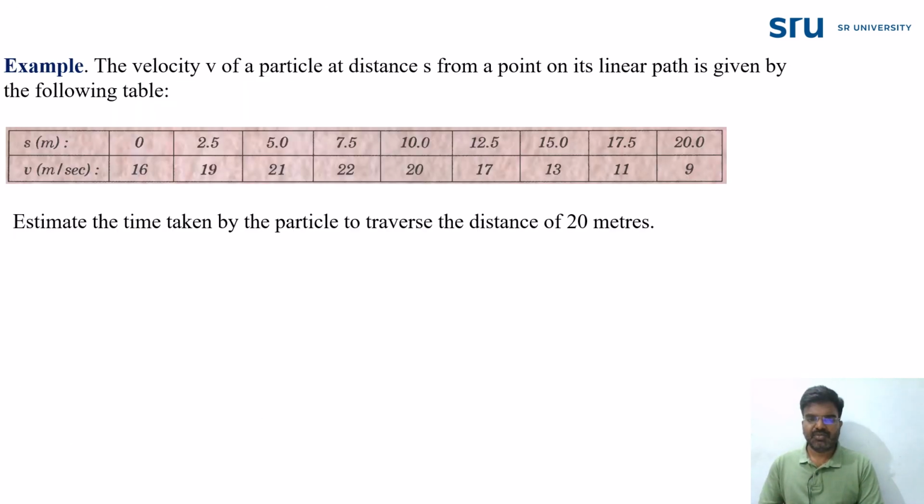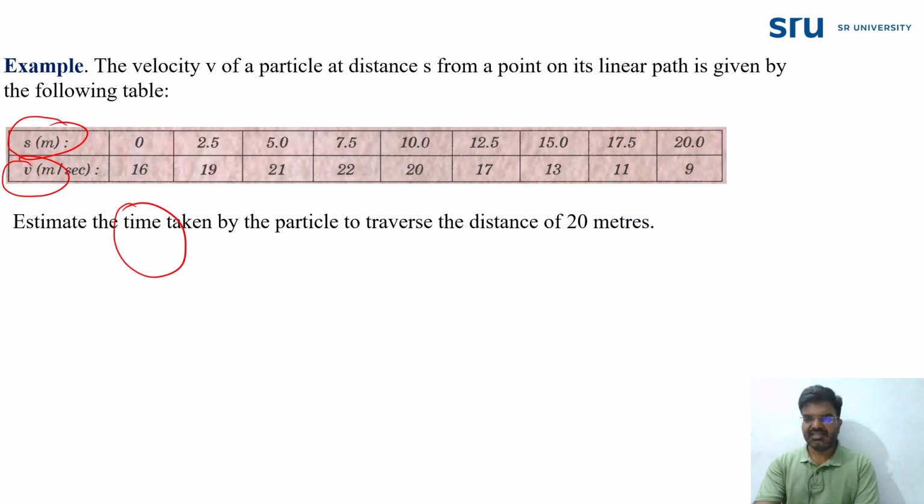You can see one more application of numerical integration. If you observe the tabulated data, velocity is given and displacement is also given. Now we have to estimate the time.